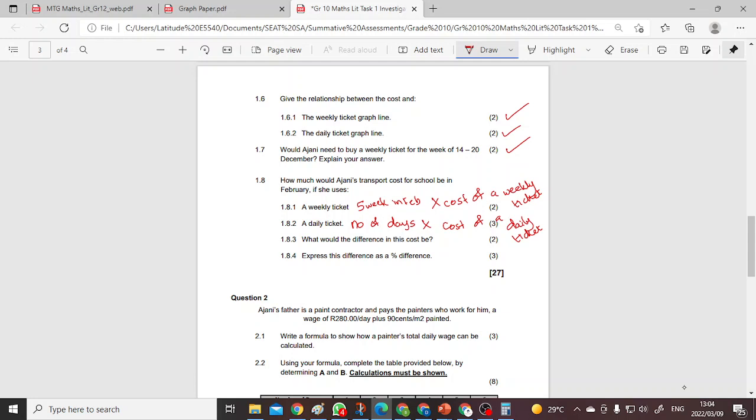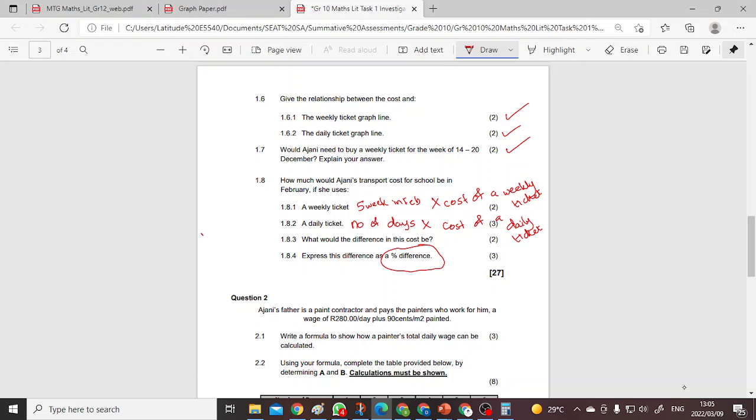So you take, they say here, weekly over daily times 100 to give me a percent. No, what is the difference? Oh, sorry. It's the difference.